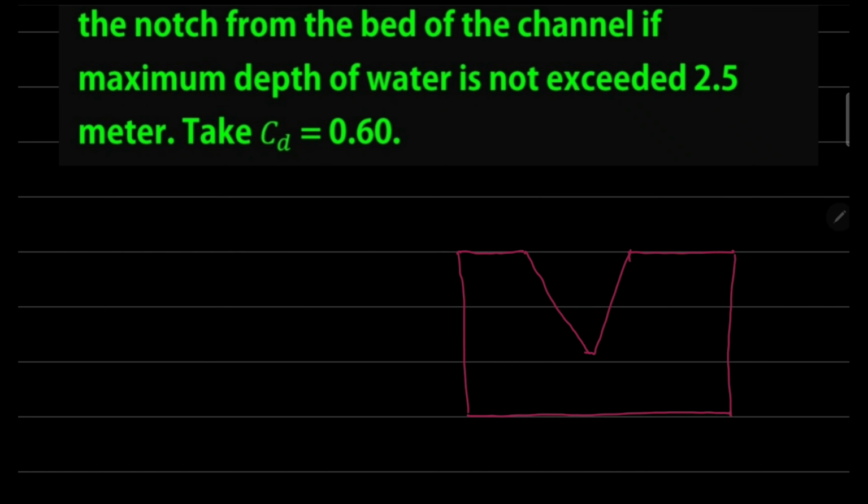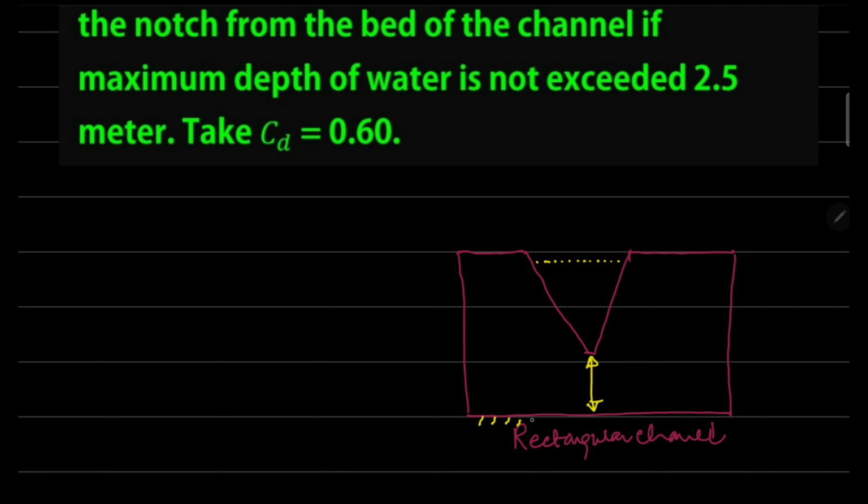So if we draw the sketch of this particular problem, the channel shown over here is a rectangular channel, in which a V-shaped, or you can say triangular, notch is established, and this notch is at some height above the channel bed.